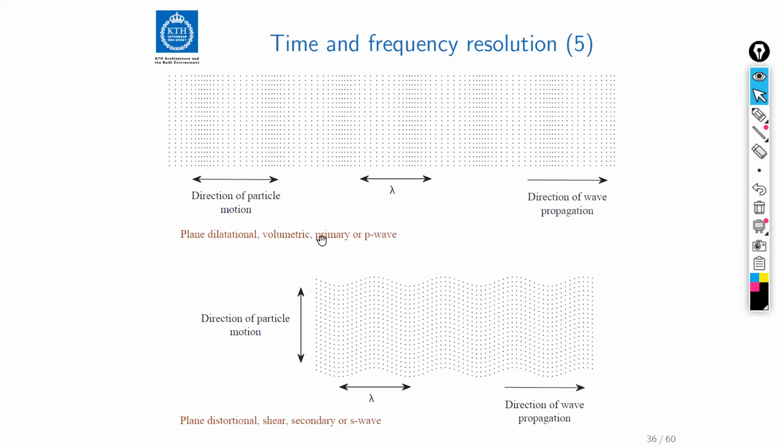But the concepts are needed anyway, and they will come back to you in the case of earthquake engineering. So it is a good idea to look a little bit at these things if you want to apply structural dynamics in settings where wave propagation becomes relevant. But this is outside the topic of this course.